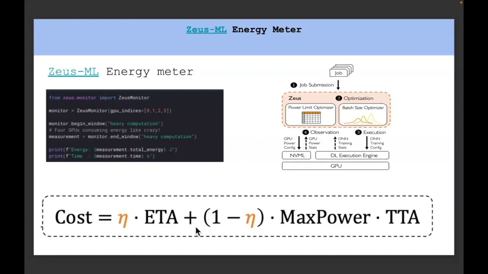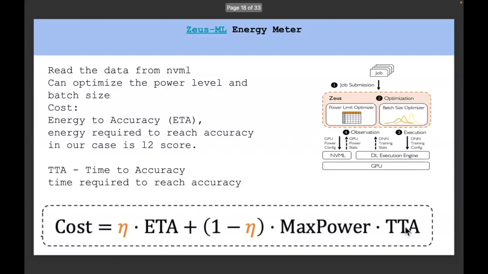So where eta is the accuracy of the model with some target metrics, and the max possible power of the GPU, and TTA is the time related to the execution.